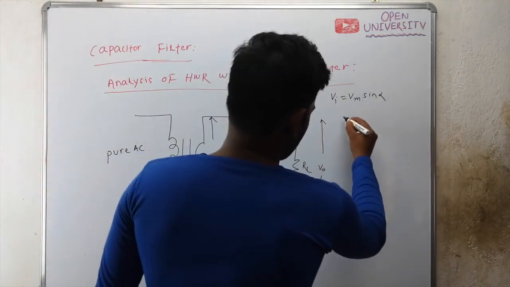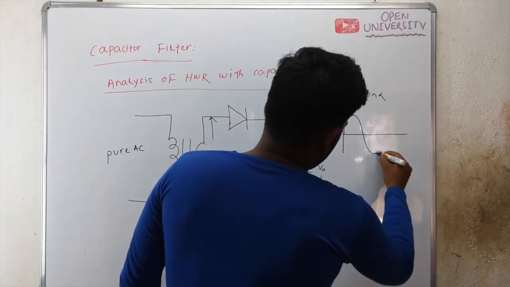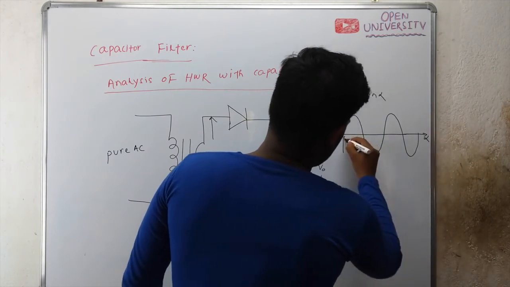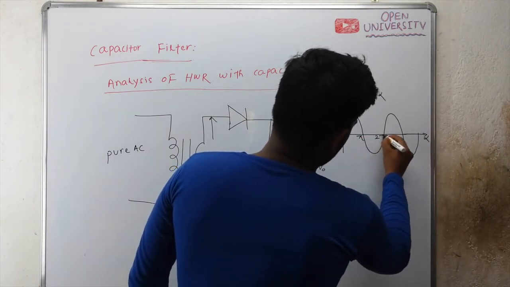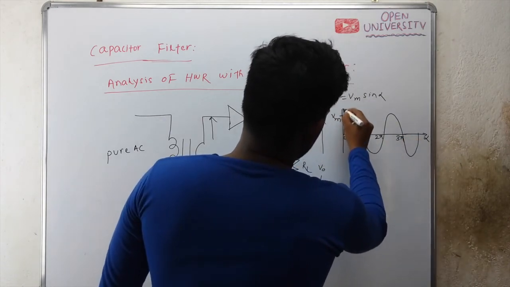Draw the input waveform. This is alpha. This is 0, pi, 2 pi, this is 3 pi. This is your Vi.